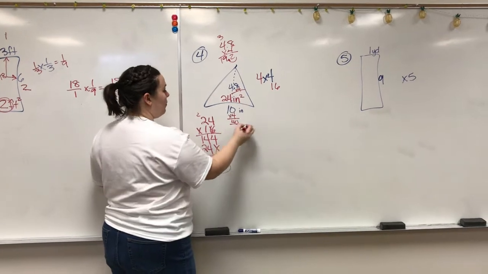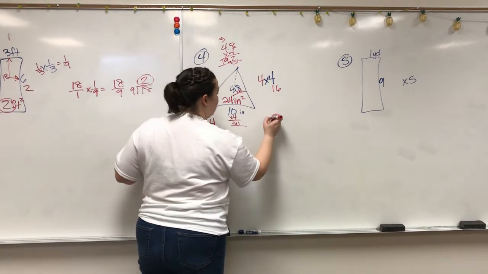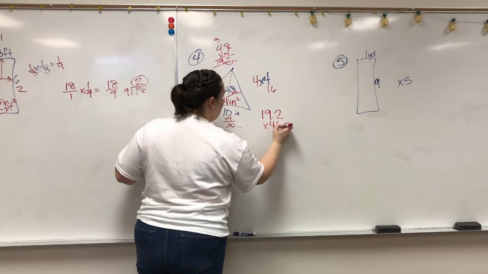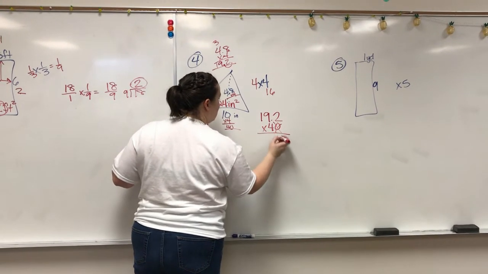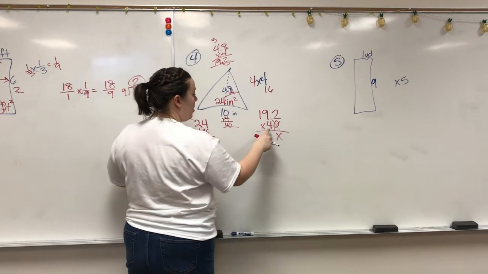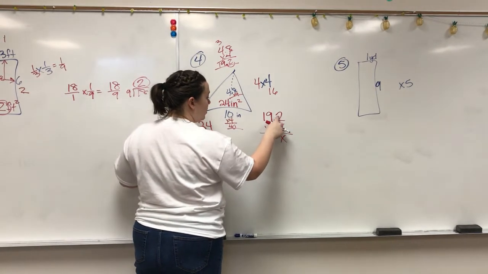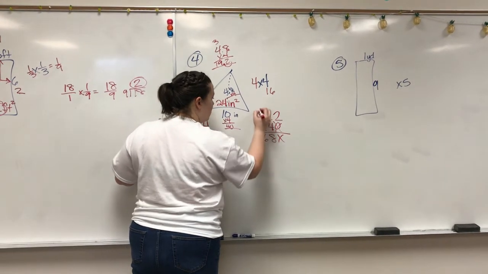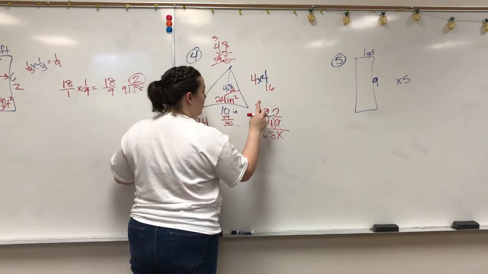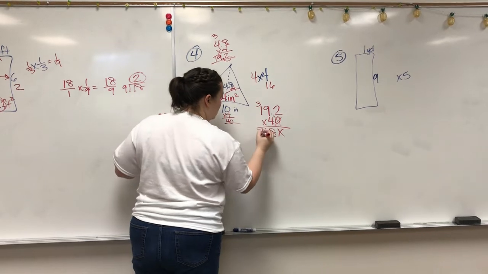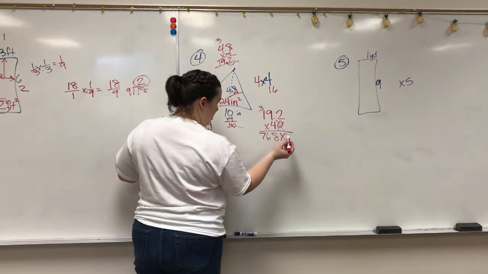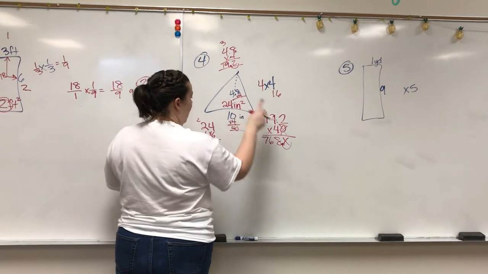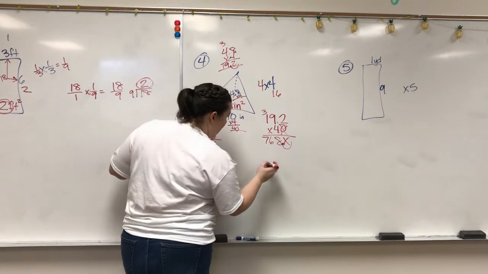And then just multiply 40 and 19.2. 19.2 times 40. If it has just a 0, you can automatically put a placeholder. 4 times 2 is 8. 4 times 9 is 36. 4 times 1 is 4, plus that is 7. Because this is taking the base and the height. And now you have to divide by 2.